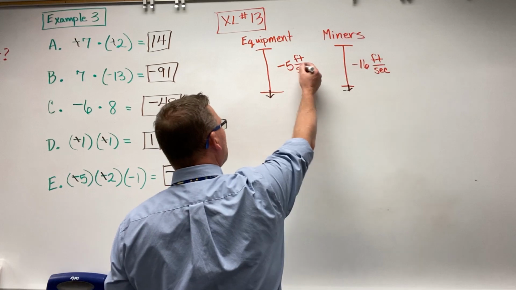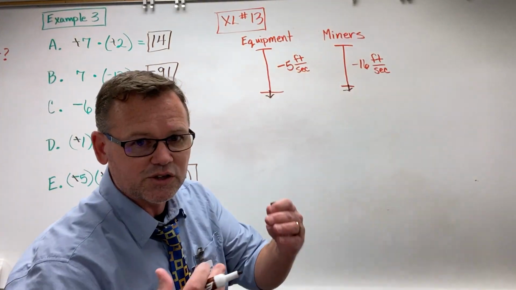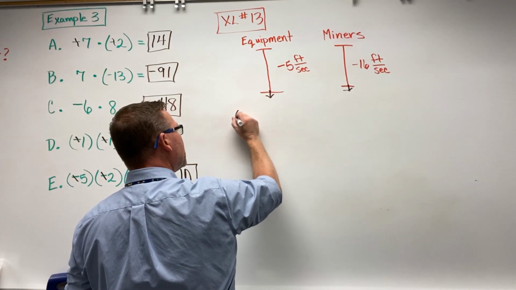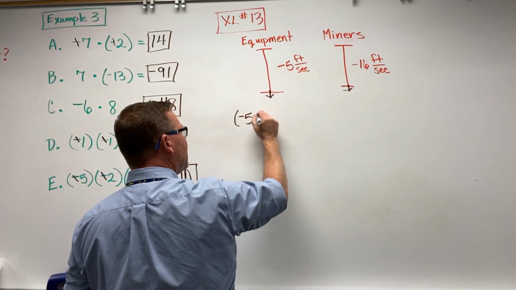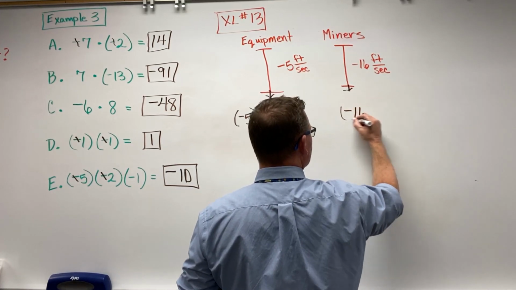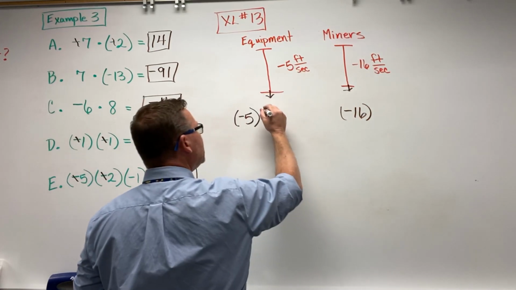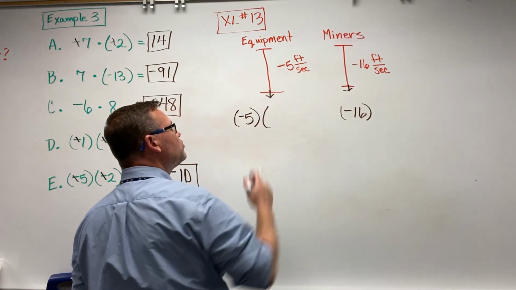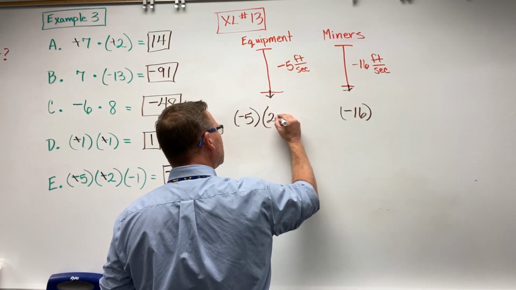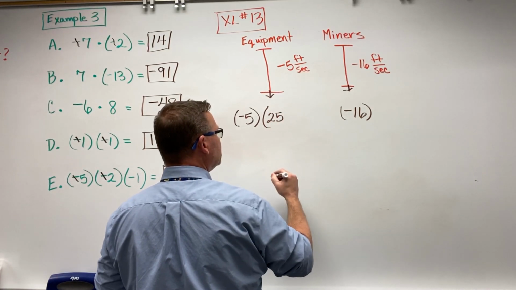So first of all, we know that this needs to be negative because it's going down. So to start our expression, we're going to say, okay, I'm multiplying by negative 5 here. I'm multiplying by negative 16 here. Okay? Then I realized that because the equipment elevator got a head start, a 25-second head start, I've got to put that 25 seconds.